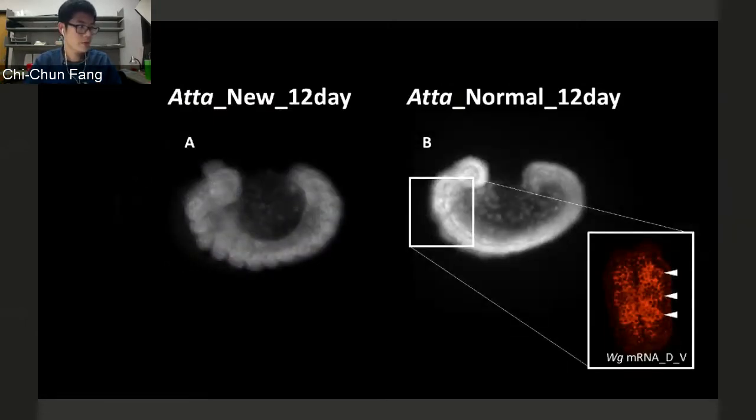How about day 12? If we compare day 12, we can see that the Atta new, the foundress-laid eggs, sorry, the phrase is so long, will form multiple segments at this stage, but not the mature queen-laid eggs. But does that mean there's no gene expression involved in segmentation at this stage?